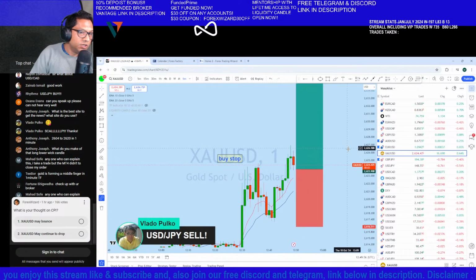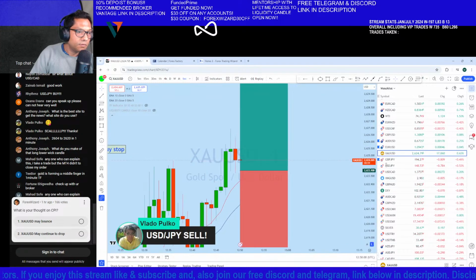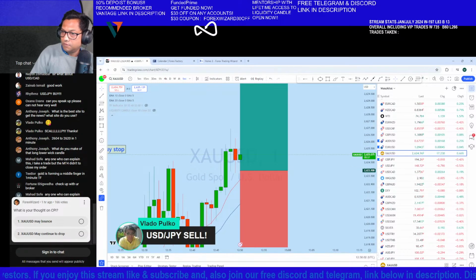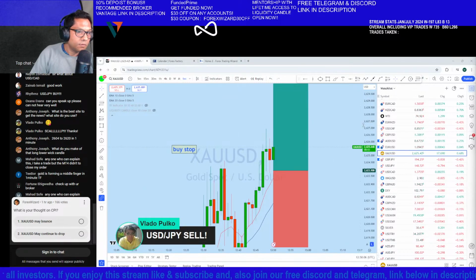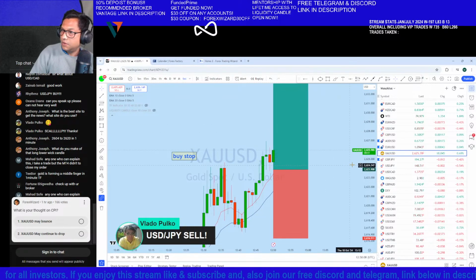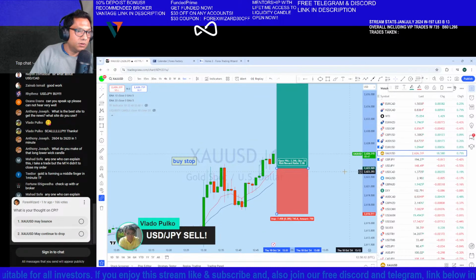Momentum. We want to see potentially to the upside. Expecting an upside market direction.